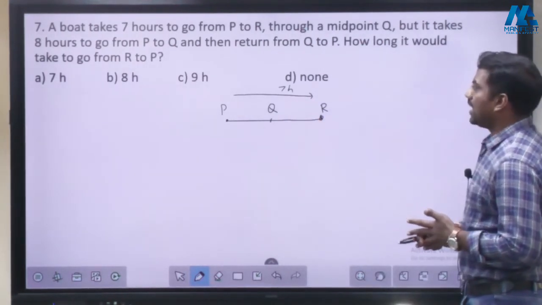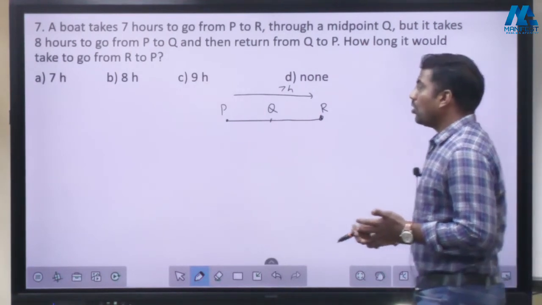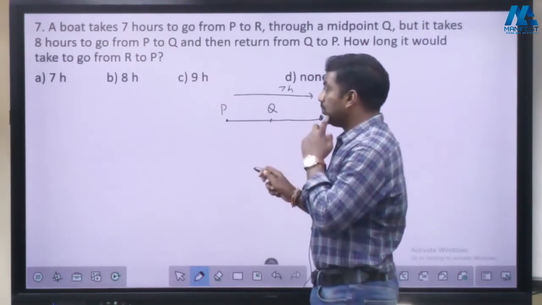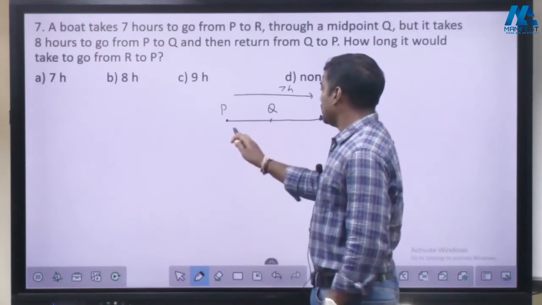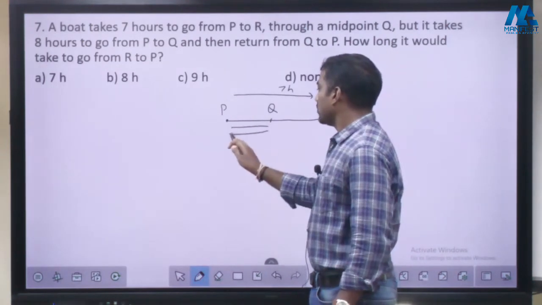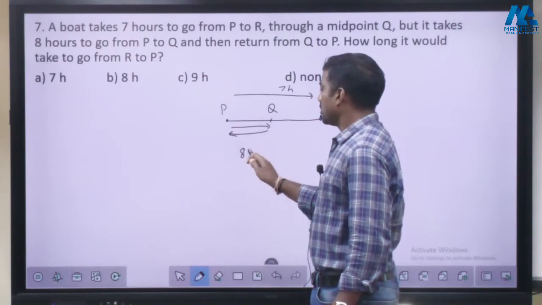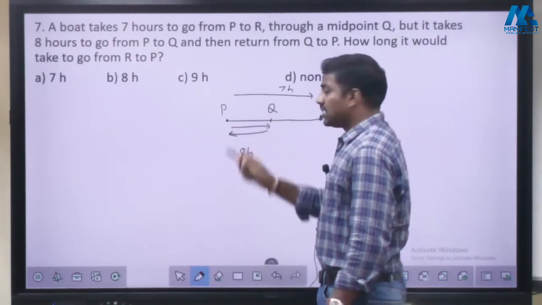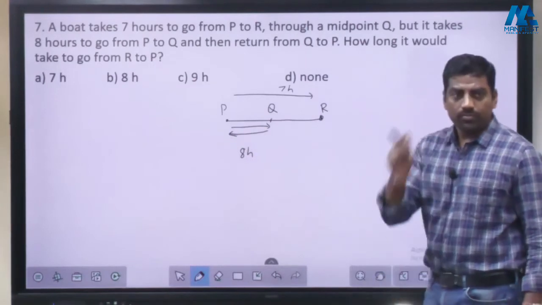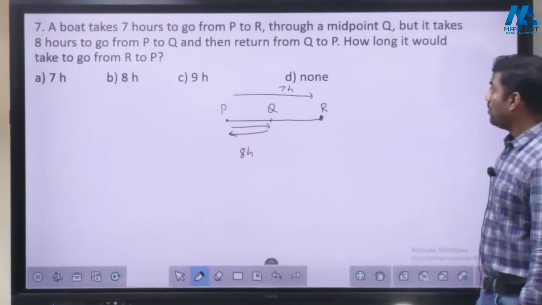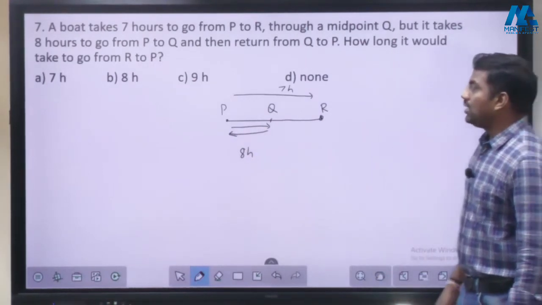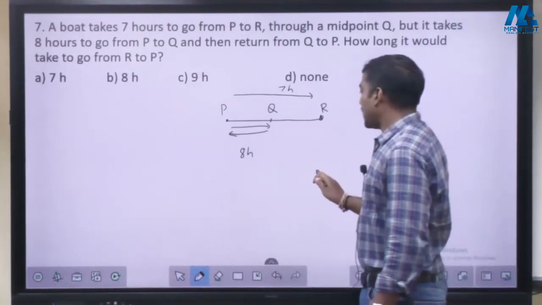But it takes 8 hours to go from P to Q and then return. How many hours is it taking totally? And it is returning from the midpoint. How long would it take to go from R to P?